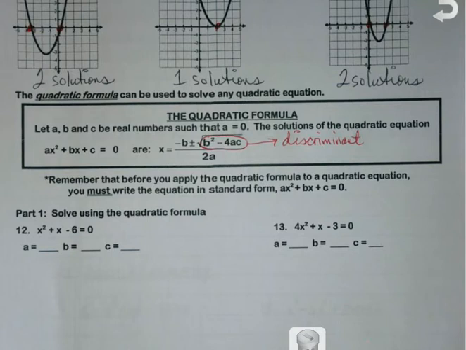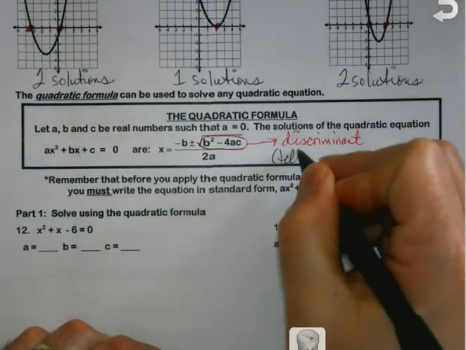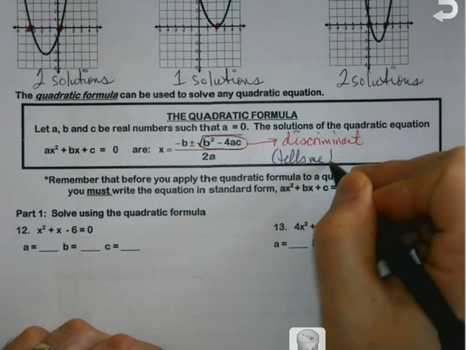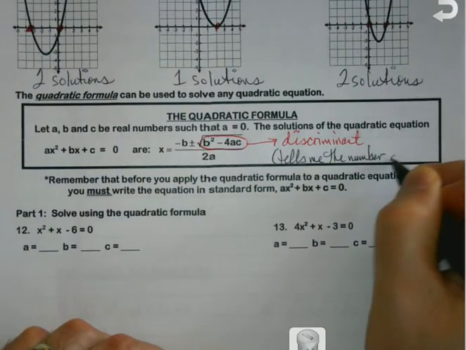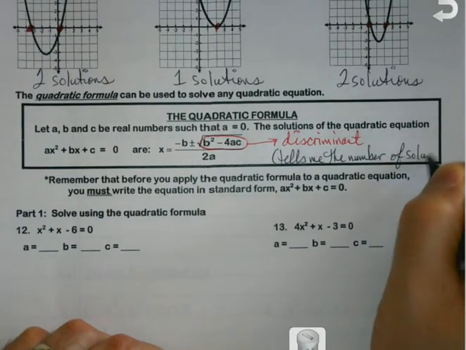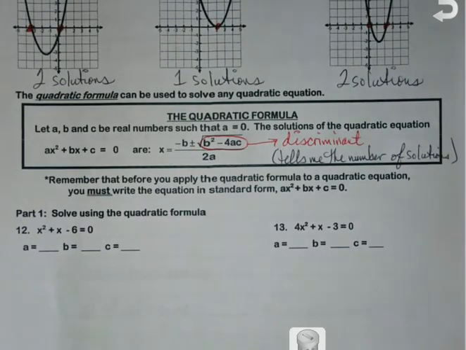And if I don't have a picture, this part tells me the number of solutions there's going to be. We're going to get into that tomorrow: I do this b squared minus 4ac thing and it'll tell me how many, sort of like the graphs did up above.